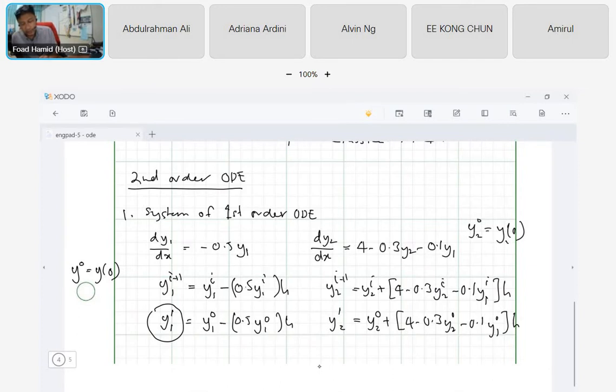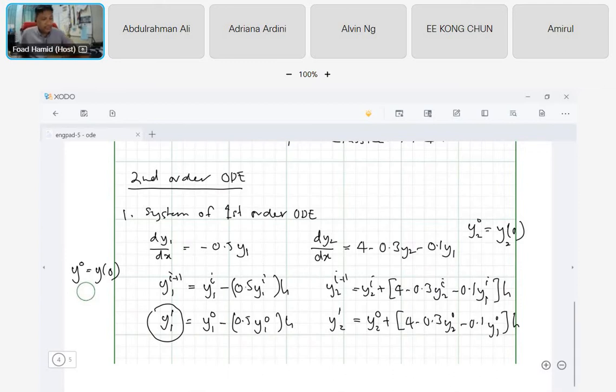Note that in this case, this is not a second order ODE. Sorry, it's a system of two first order ODEs. So every first order ODE must have one initial condition.